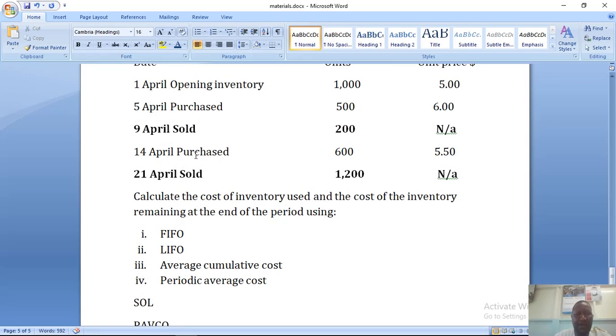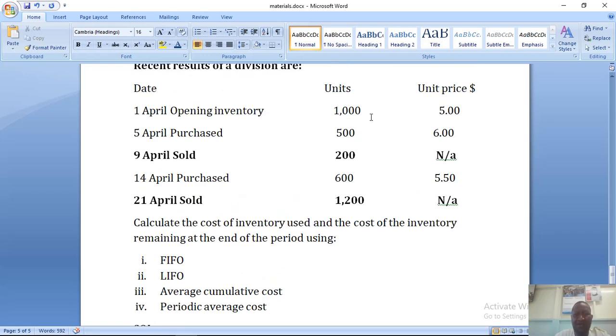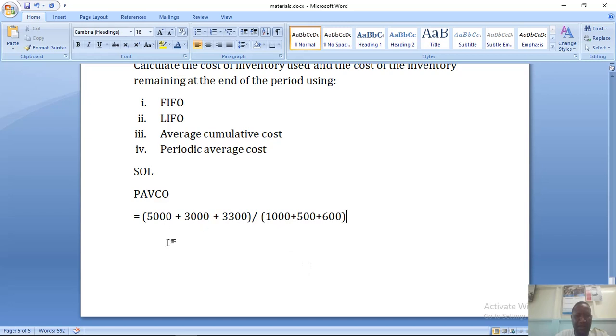Going back to our results, we've added 1,000 units plus 500 units plus 600 units, plus the total values. So this equals 5,000 plus 3,000 plus 3,300, that is 11,300. 11,300 divided by the number of units, that's 2,100.